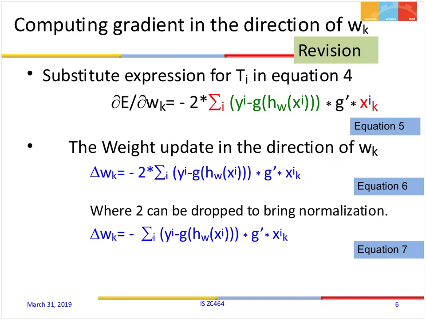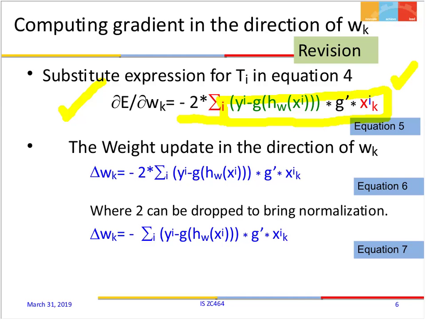And when you put the expression for ti in equation 5, you get del E by del Wk as equal to minus 2 multiplied by summation over all i's, the expression y minus g(h(x)) multiplied by g dash multiplied by xk, where this expression is for each individual sample i.